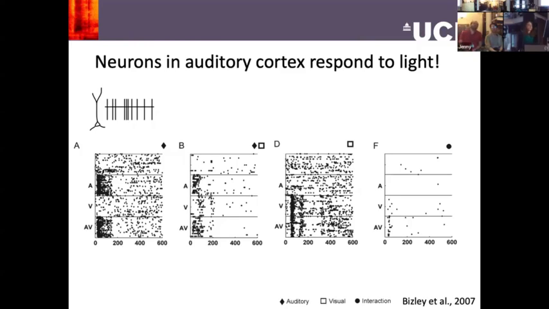Yeah, so I guess you have two sets of latencies, right? You have the latencies of the physical stimuli, in which light travels faster than sound, and you have latencies within the brain, in which visual signals are delayed. And we can use those latencies to say something.